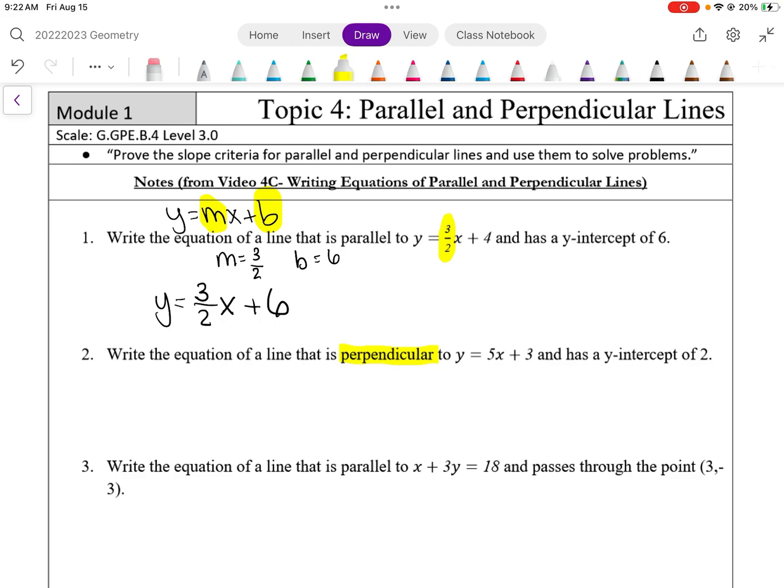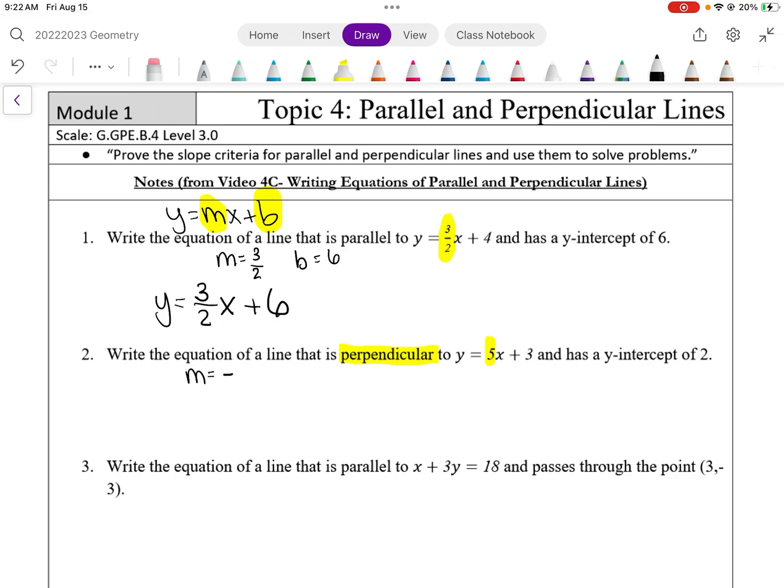Okay, number 2, very similar. Write the equation of a line that is perpendicular to y equals 5x plus 3 and has a y-intercept of 2. So let's think about what our slope has to be. This time we want our lines to intersect at 90 degrees because it says perpendicular.